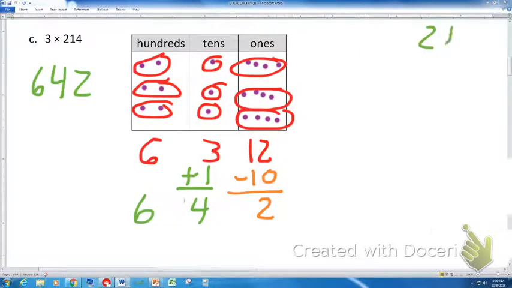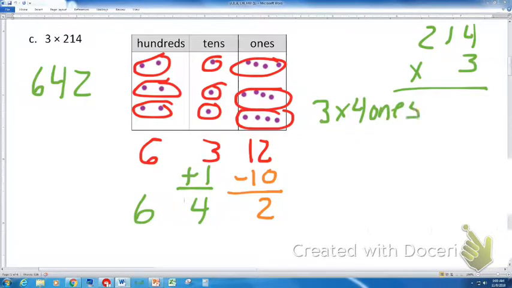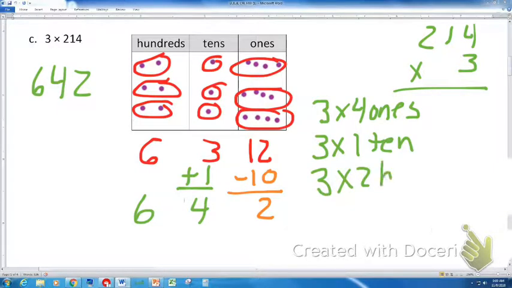Now, same idea when we're doing the vertical alignment. 214 times 3. We have 3 times 4 ones, 3 times 1 ten, and 3 times 2 hundreds.